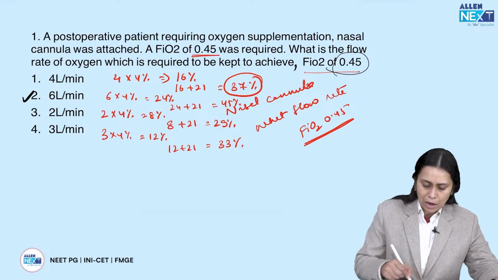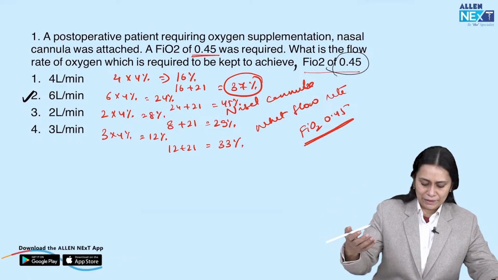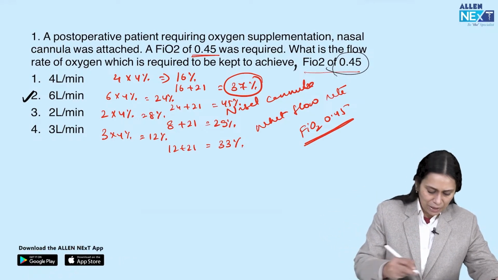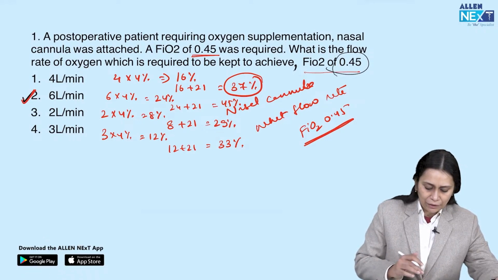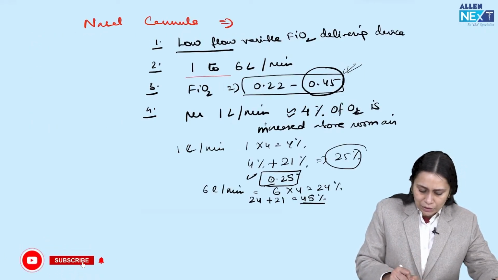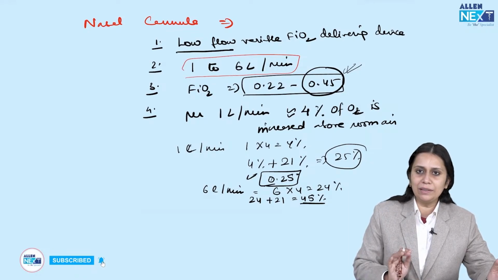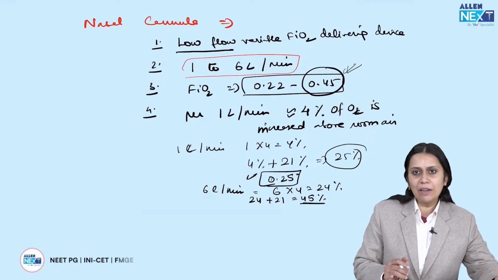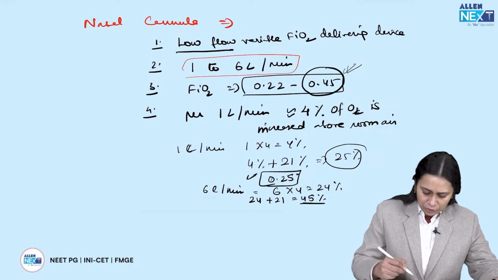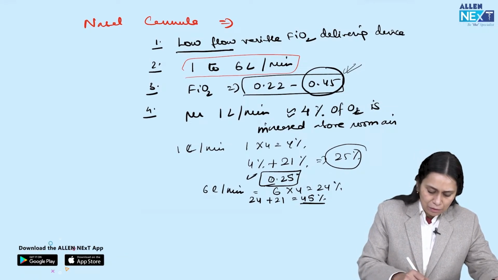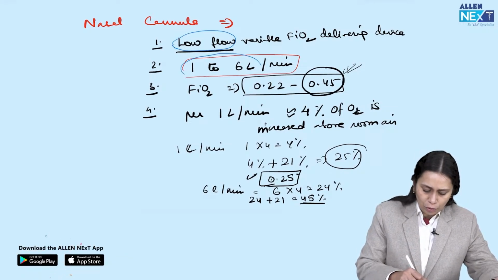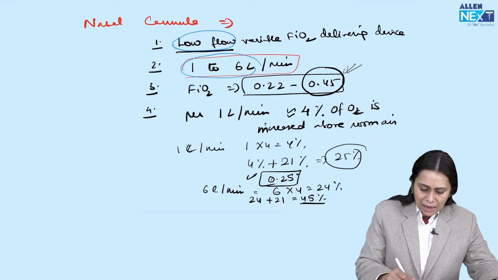So this is how it works, 4% for every 1 liter. So for 0.45, maximum 6 liters per minute. And definitely, we keep the flow between 1 to 6 liters per minute. So this is for nasal cannula. This is how we calculate the FiO2 which it will achieve. Plus, one very important thing we need to know: it's a low flow device because we are keeping a very low flow, 1 to 6 liters per minute, and variable FiO2.